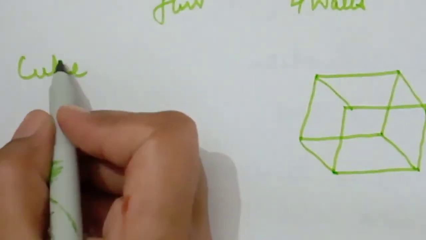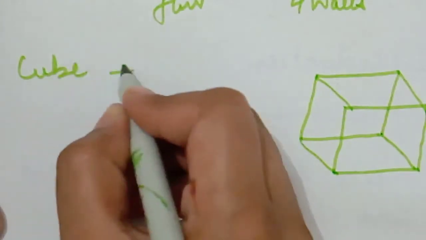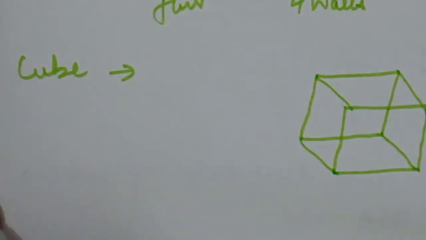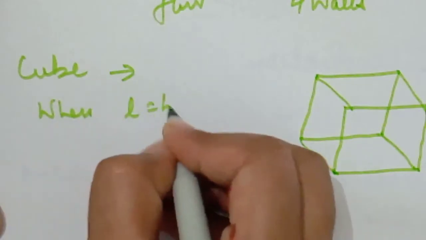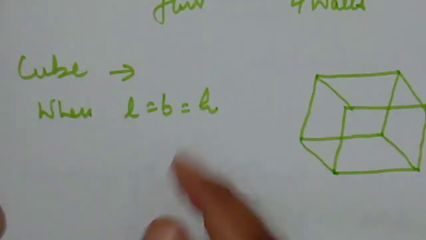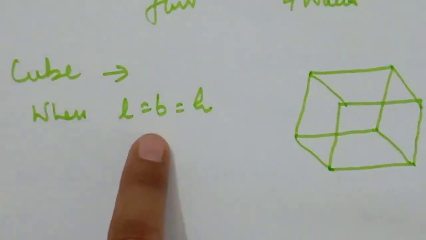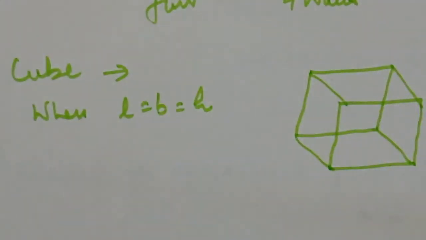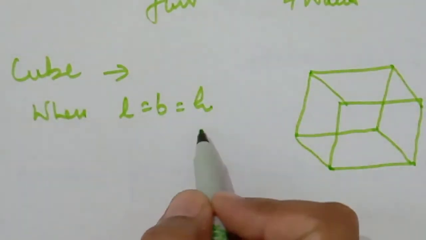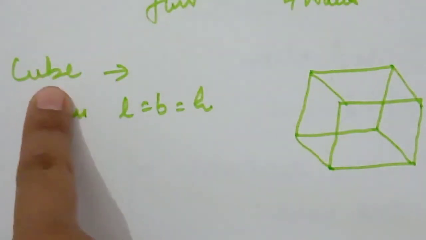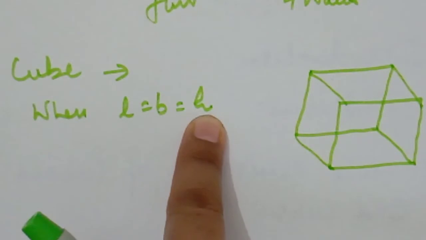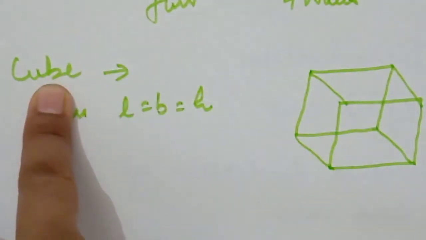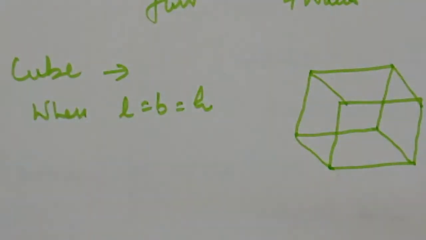It means a cube is a special case of a cuboid. When in a cuboid all 3 dimensions are equal to each other, we call the cuboid a cube.